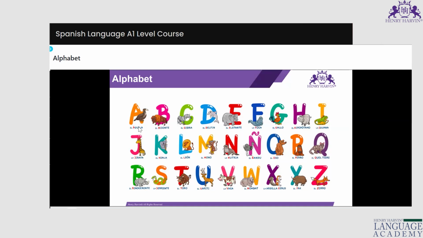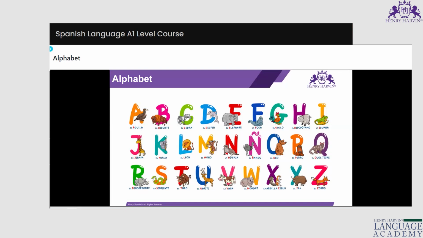But if C comes before the vowels E and I, it sounds like s. Like zero, zero. Then cielo, sky, cielo. So this sounds like s.